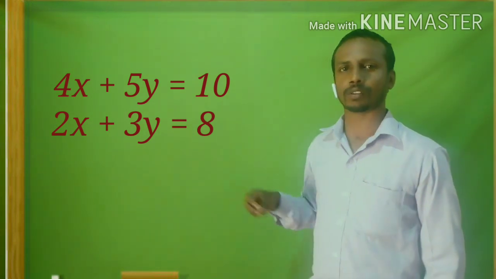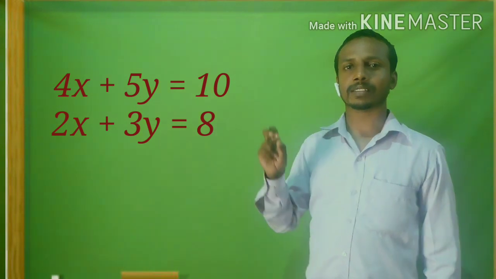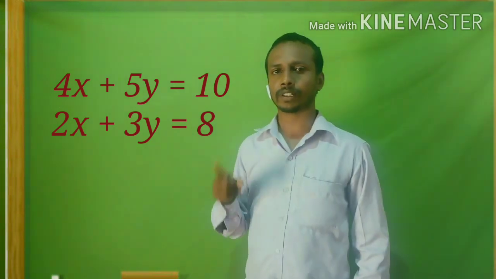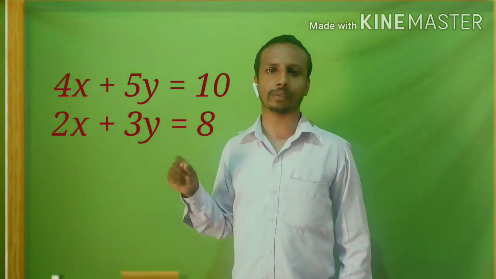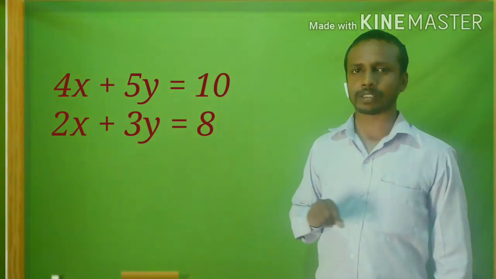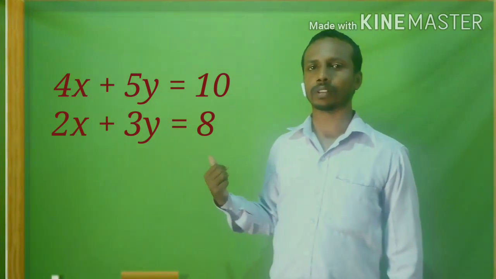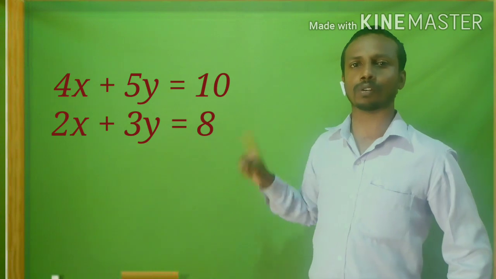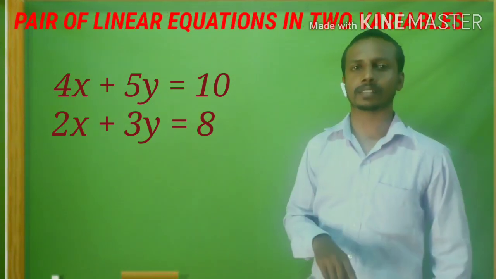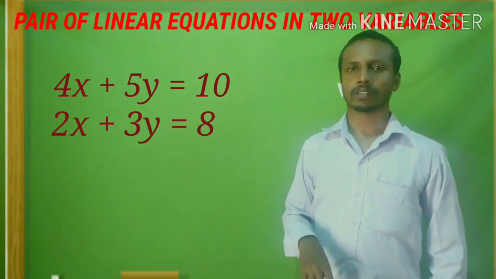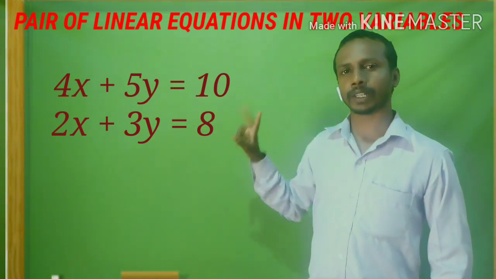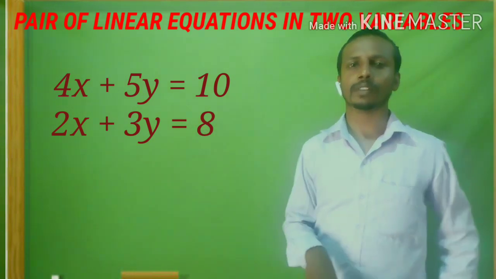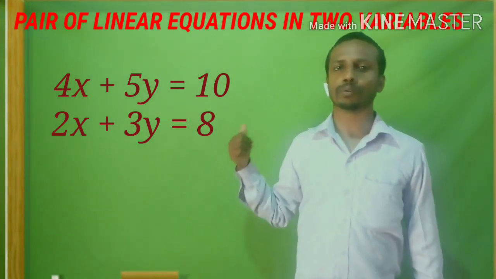Therefore these two equations are called a pair of linear equations in two variables.